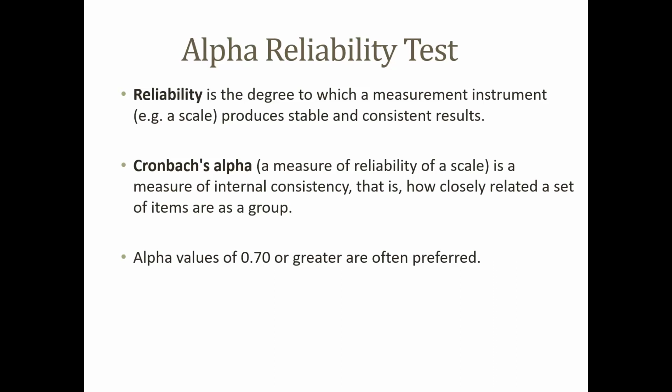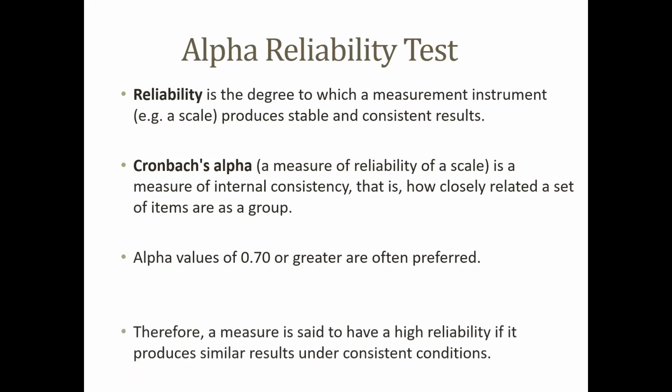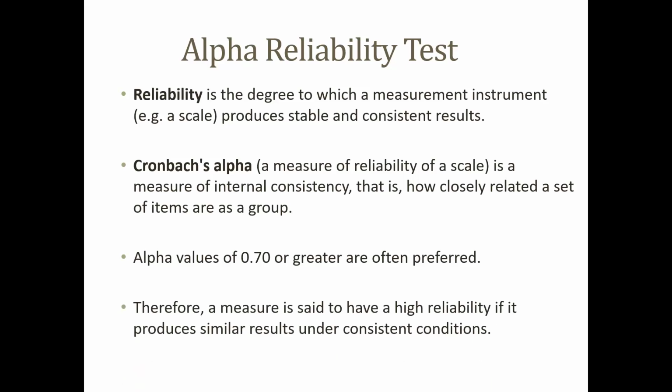The more closely related the set of measurement items are, the more consistent or reliable that scale of measurement is. Therefore, a measure is said to have a high reliability if it produces similar results under consistent conditions.